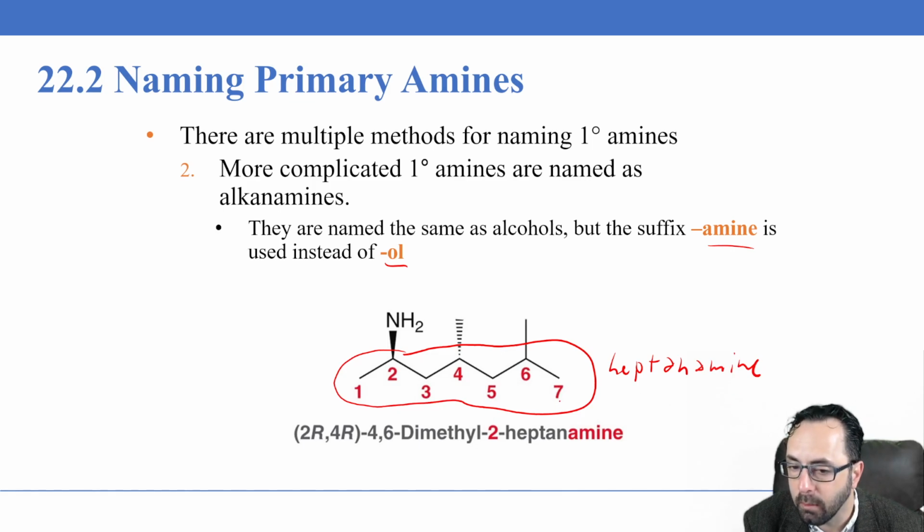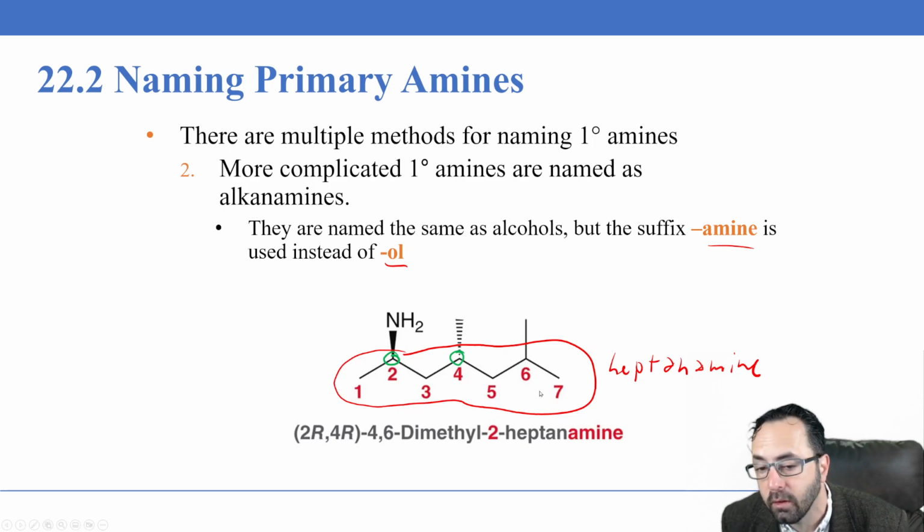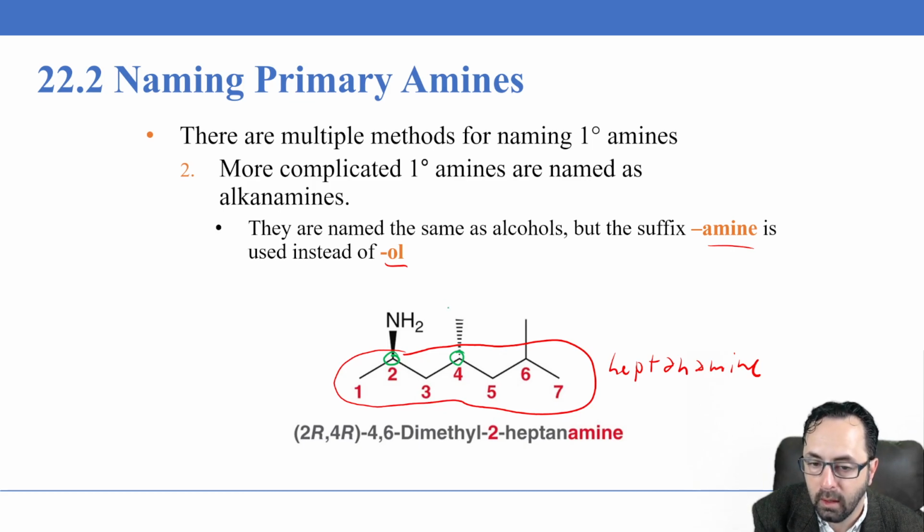So that's the name of the chain, and then what you'll notice here is that we have a couple of chiral carbons. This carbon here, where the amine is, is chiral. It's attached to 4 different groups. This other carbon is not chiral. You should know why, right? It's because it has 2 of the same group attached, methyl groups. So we have 2 chiral carbons here, so that's something we're going to have to deal with in terms of assigning R and S.